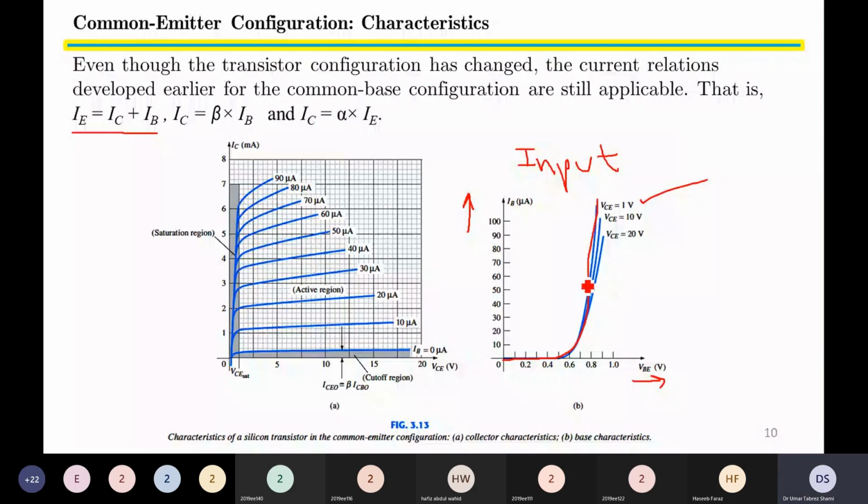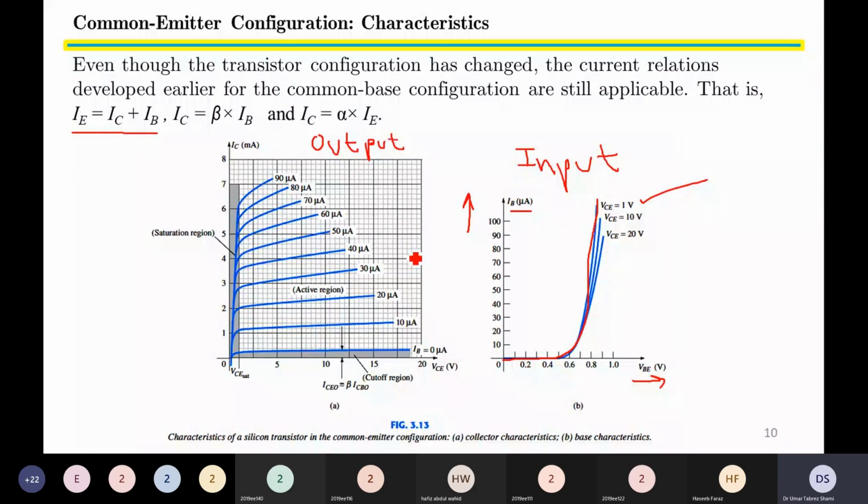Another important thing to note is that the base current is very small. Base current is in microampere. Now we come to figure 3.13, part A. Part A shows the output characteristics of the common emitter configuration.